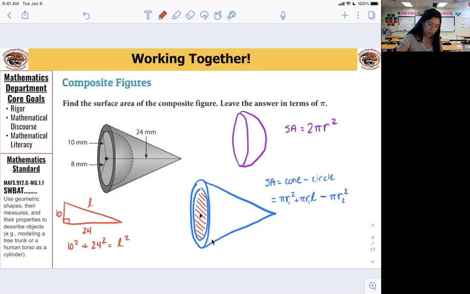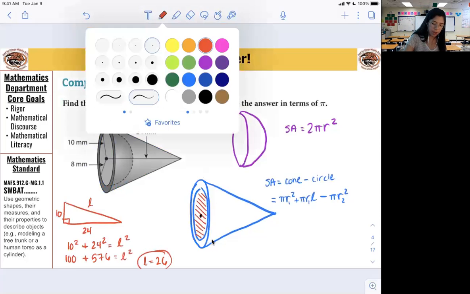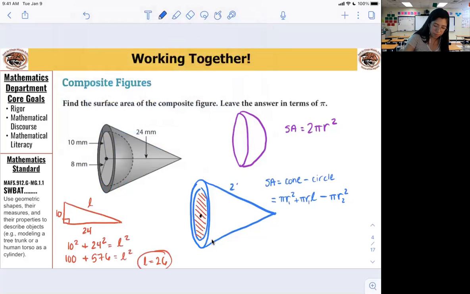Okay, so 100 plus, what's this? 576. So 676, the square root of 676 is 26. So L equals 26, cool. Now we have everything we need. L is 26, all right.